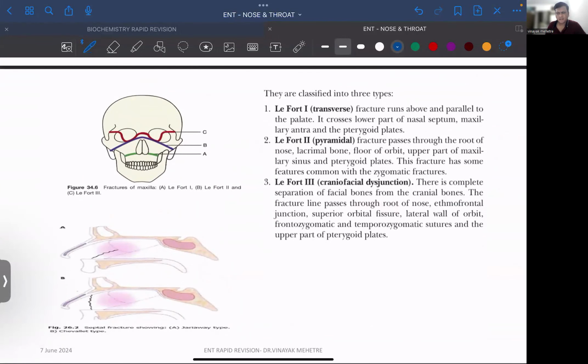Then we come to maxillofacial fracture, or fracture of maxilla, right? First one is transverse. Le Fort 1 is transverse fracture. What does transverse mean? The maxilla is dislocated transversely, right?